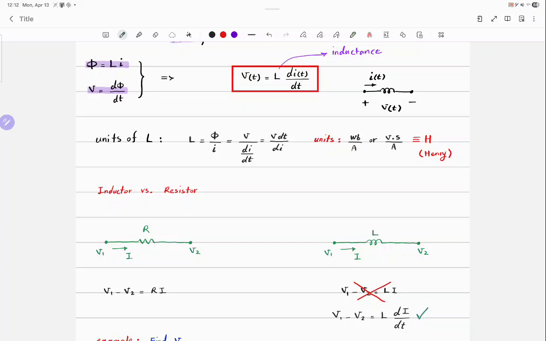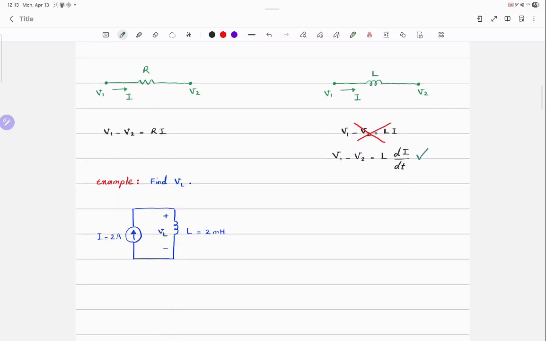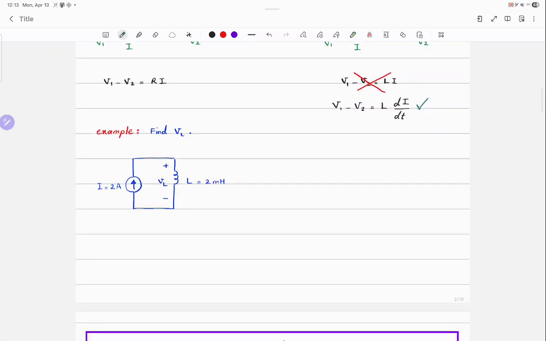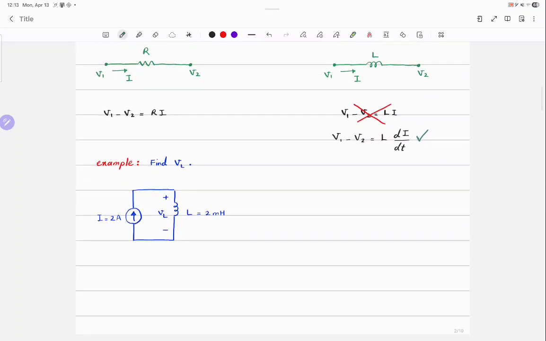So this is very important, not to confuse inductors and resistors, okay? They have different governing equations. Let's find VL in this simple circuit. So, first of all, can you tell me what this current is? 2 amps.